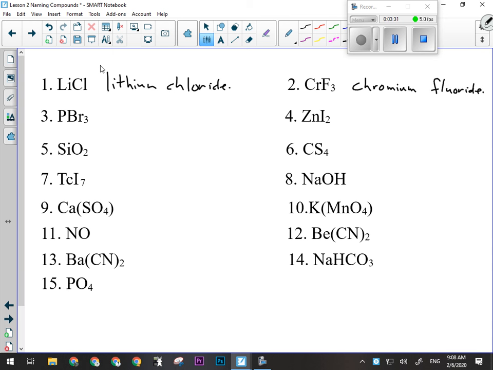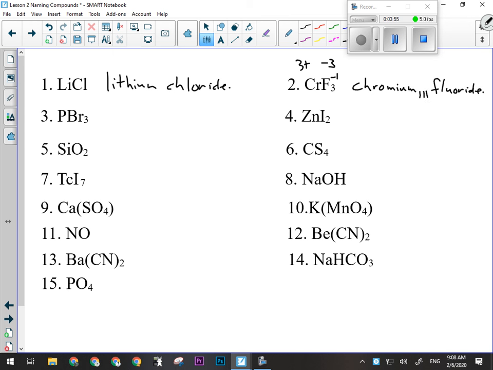Now I need to figure out what the charge on chromium will be. Charge on fluorine is always -1. So how many negative charges are there? 3 times -1 is -3. There's only 1 chromium here, so to get 3 positives, the charge on that chromium must be 3 plus.